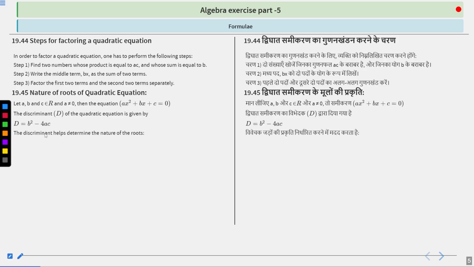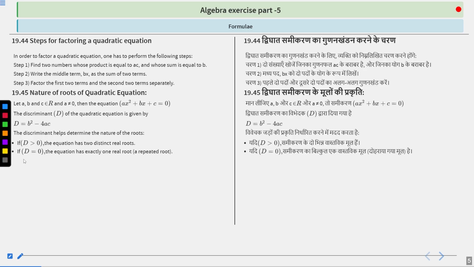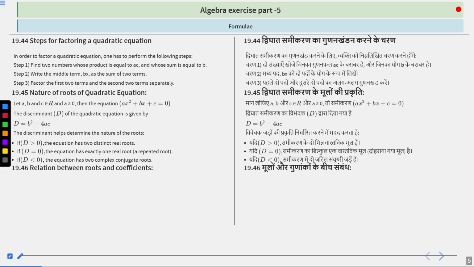This discriminant helps determine the nature of the roots. That is, if d is greater than 0, the equation has two distinct real roots. If discriminant d is equal to 0, the equation has exactly one real root or a repeated root. And if d is less than 0, the equation has two complex conjugate roots.